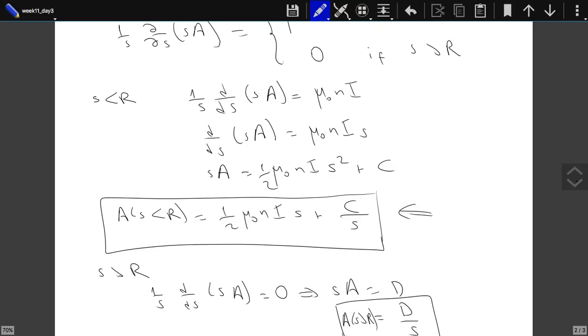And just keep in mind, this solution I obtain inside my cylinder, this solution I obtain outside my cylinder. What about the solution on the cylinder? So to have a meaningful solution on the cylinder, A should be continuous.